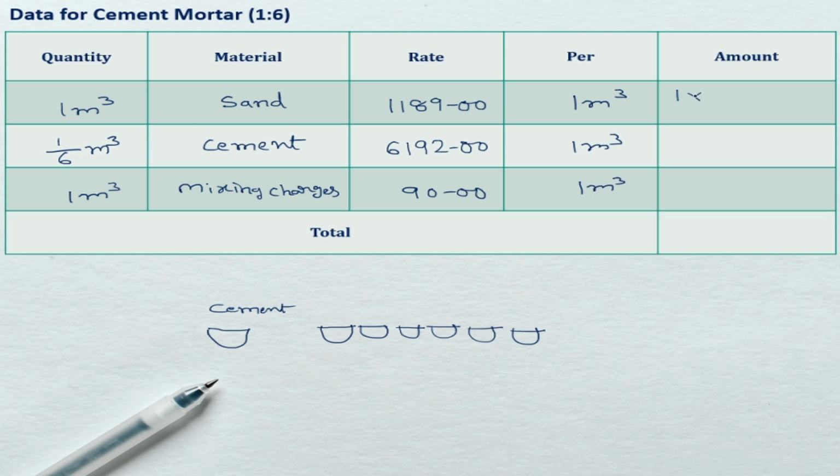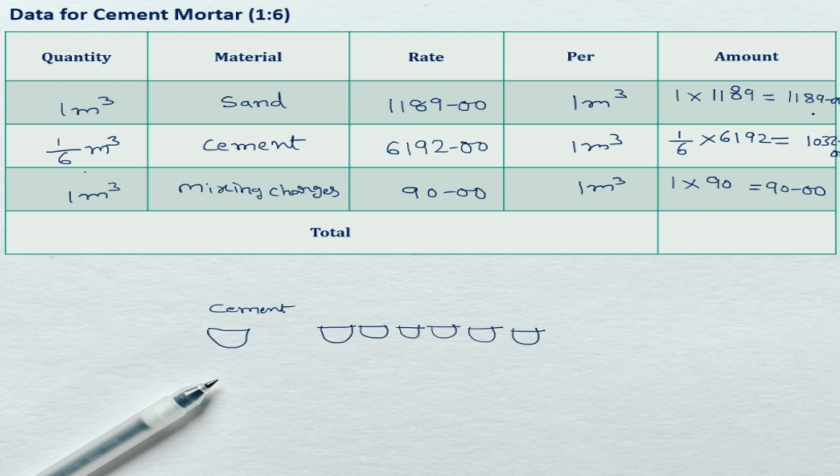Amount is 1 into 1189 rupees, which is equal to 1189 rupees. 1/6 quantity into rate, 6,192 rupees per 1 cubic meter, is equal to 1,032 rupees. Mixing charges are 1 into 90 rupees.